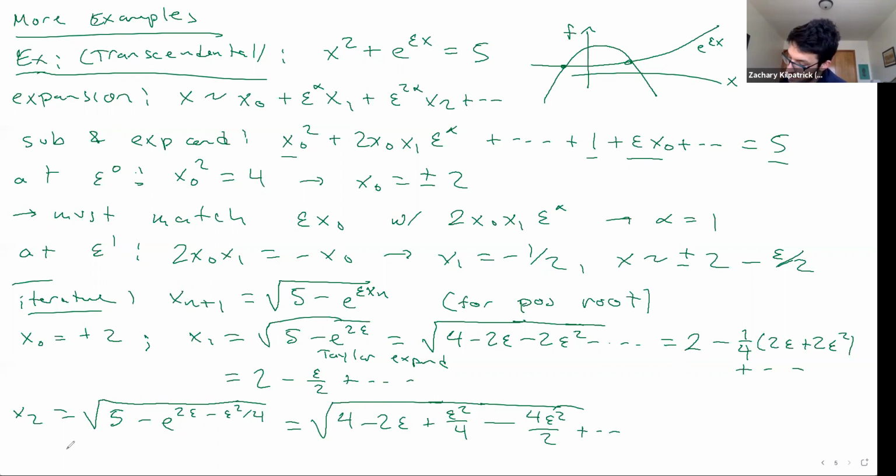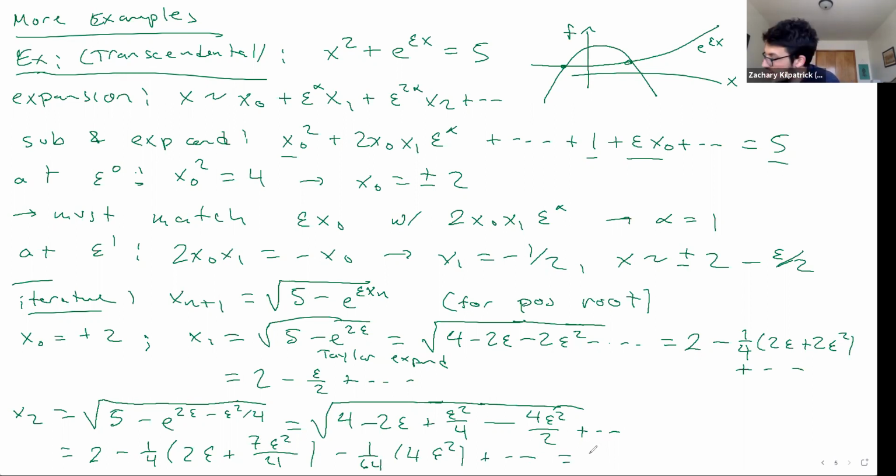This is going to be equal to 2 minus a quarter of 2 epsilon plus 7 epsilon squared over 4, minus 1 over 64 of 4 epsilon squared, plus higher order terms.